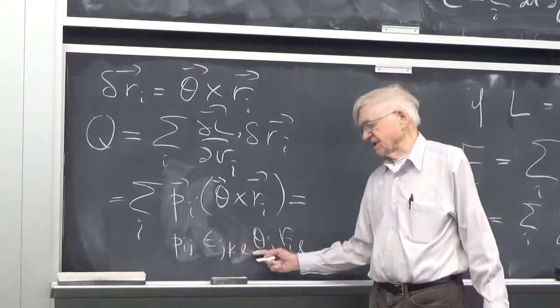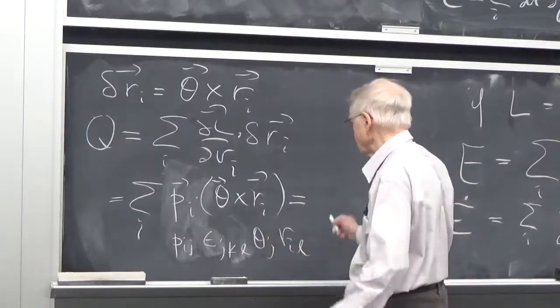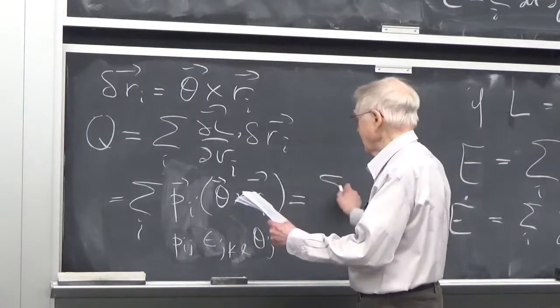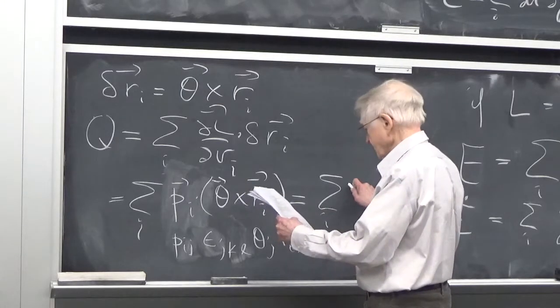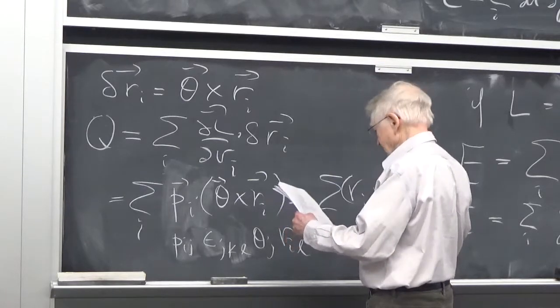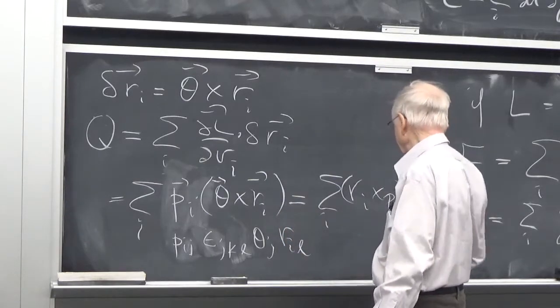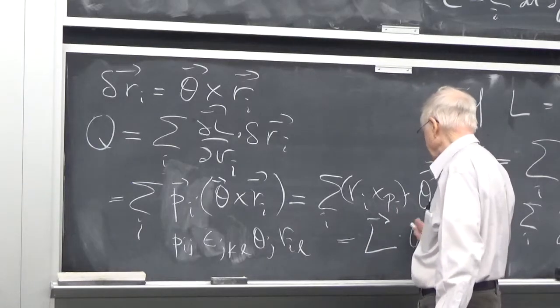And now this is invariant under cyclic permutations, and so we can rewrite that as a sum on i of Ri cross Pi dotted into the vector theta, but this is just the total angular momentum dotted into theta.